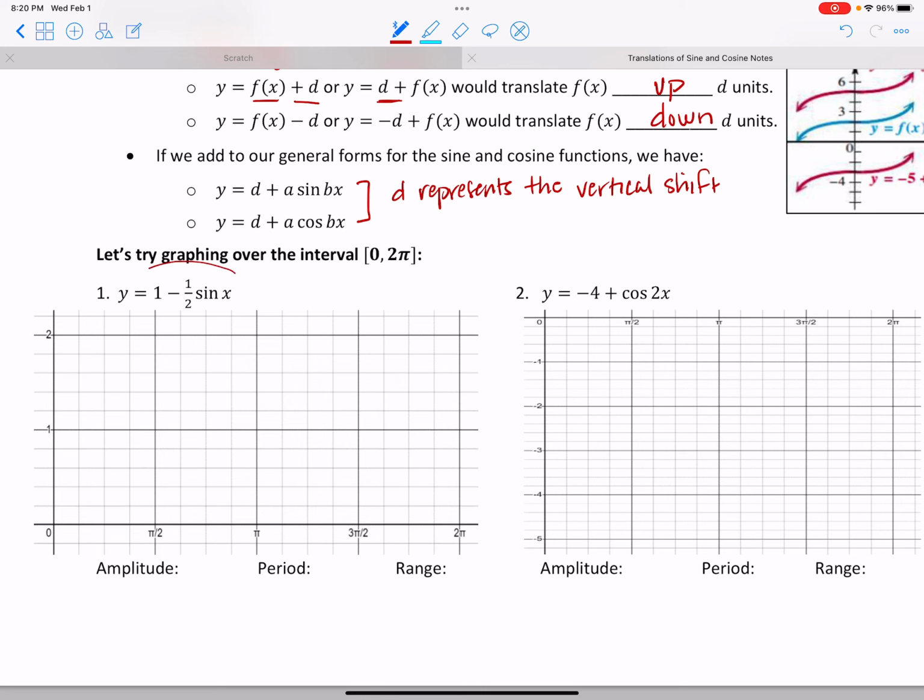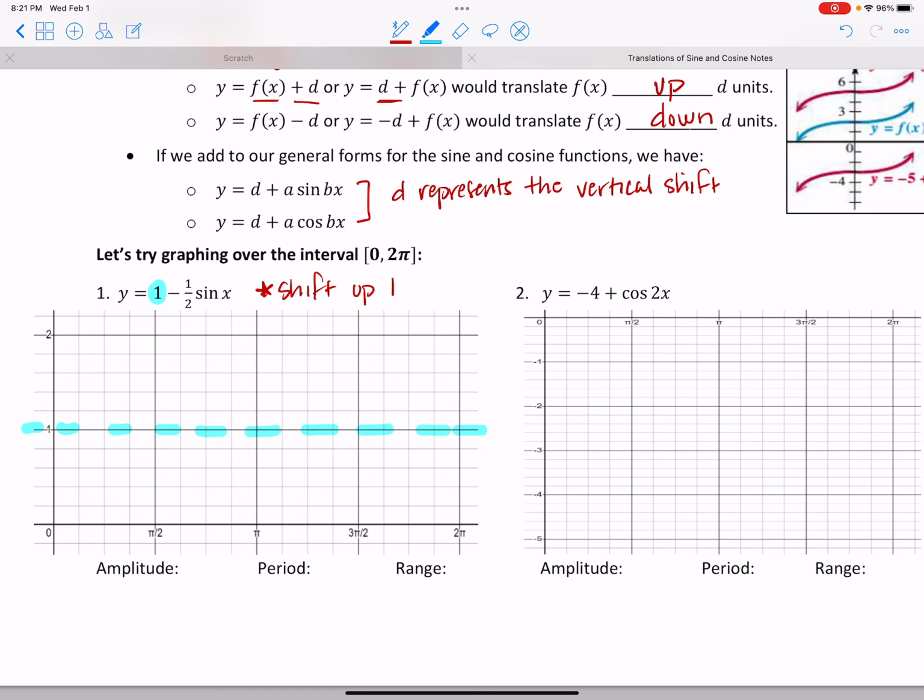If we're looking at our first example, which we're going to try to graph over the interval from 0 to 2 pi, this plus 1 here, this positive 1, tells me that this entire graph is going to shift up 1. So what I'm going to do is take my midline and shift it up to positive 1. Remember, midline's normally on the x-axis. We're going to shift it. So I'm going to put my midline here.